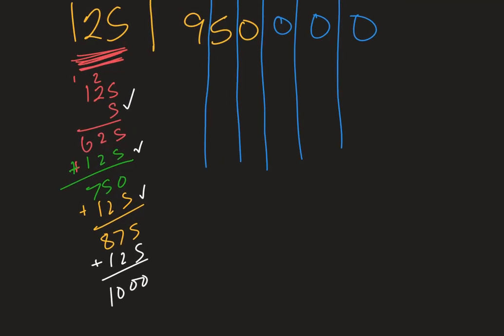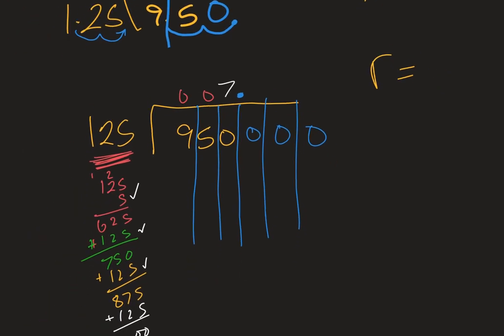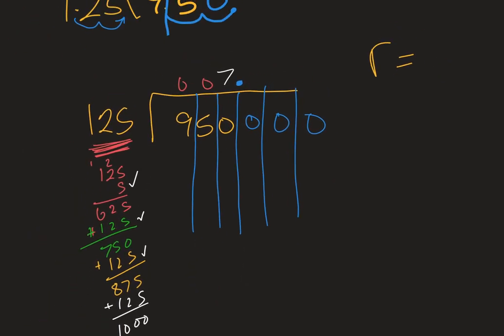Okay, so that's too many. So this was 5, 6, 7. Oh my gosh, I said 7. So let's see. 7 times 125 is 875. Okay, and when we subtract that, we will have to do this. The 9 goes to 8. That's 15, goes to 14, goes to 10. 5, we get 75. 75, and then you're basically going to do this.